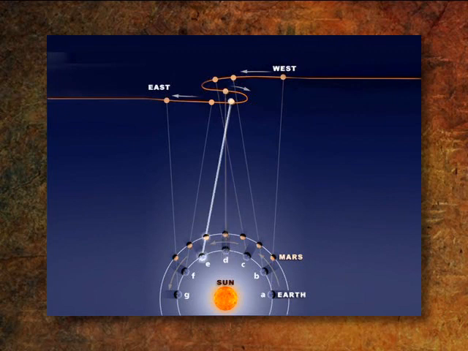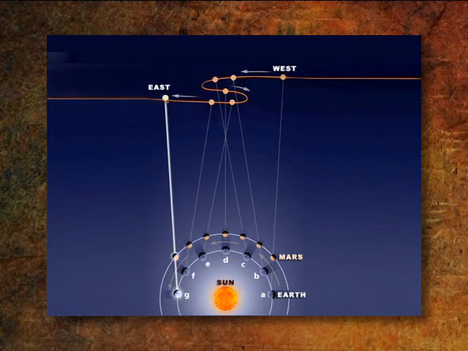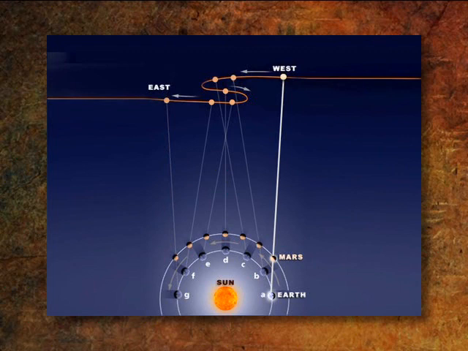And what happens is, every once in a while, the Earth is going to lap Mars. So when the Earth comes closest to Mars, it's actually going to pass it, and it's going to look like Mars is backing up. But then once the Earth is far enough along, it will again look like Mars has begun moving in its normal direction around, in this case, the sun, or what it looks like from the Earth, that Mars is going around the Earth.